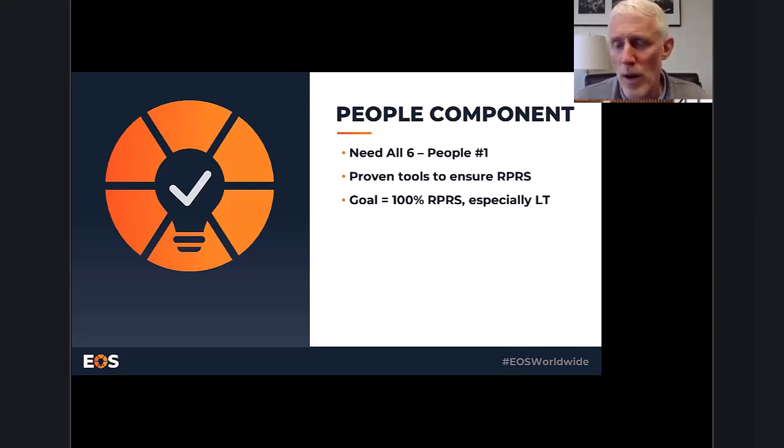If you don't have the right people in the right seats at the leadership team level, everything else is exponentially more difficult. So getting this right, especially on the leadership team, should be first and foremost in importance. And this is something you can repeat annually. You can repeat often. I'm going to go through a couple practical applications of this in a second, but using this tool at least annually continues to ensure that you've got the right people in the right seats.